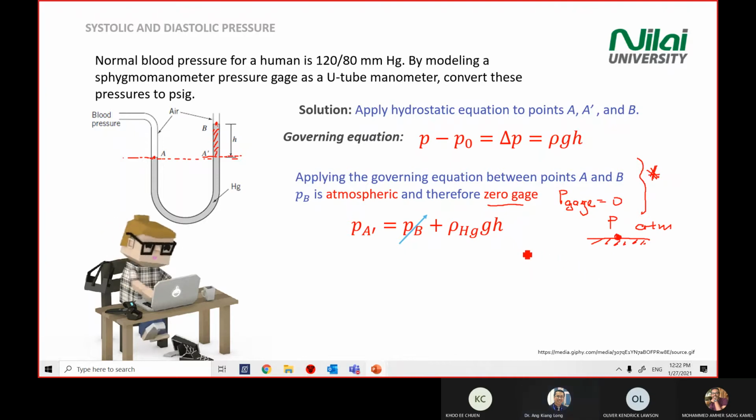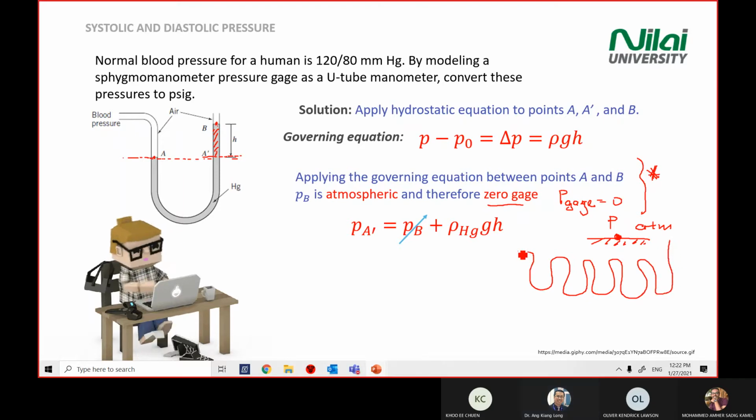No matter how complex the system that we give you, if this point and this point are exposed to atmosphere, P1 equals 0, P2 equals 0.